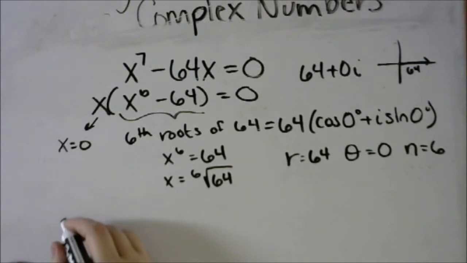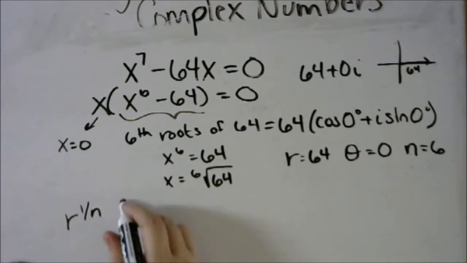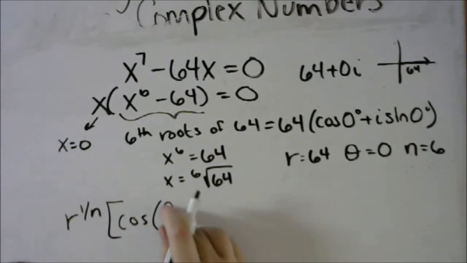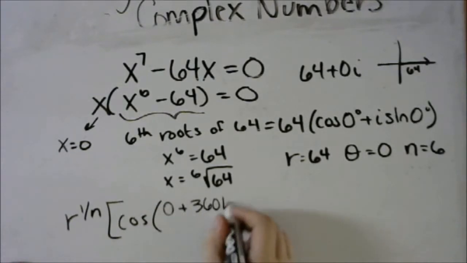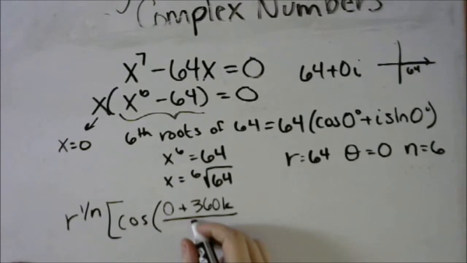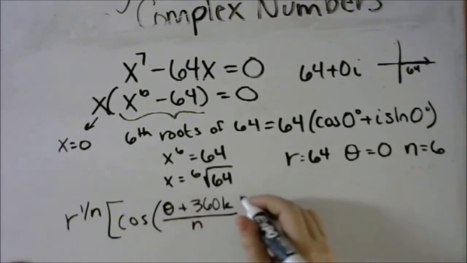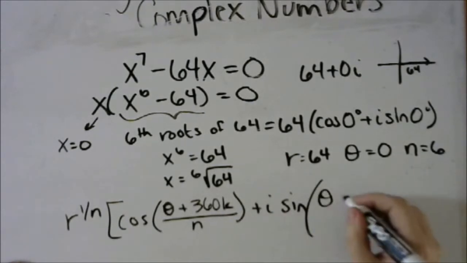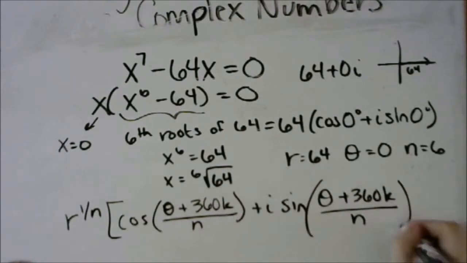So the nth root of a complex number is r to the 1 over n times cosine of theta plus 1 rotation k over n plus i sine of theta plus 1 rotation k over n.